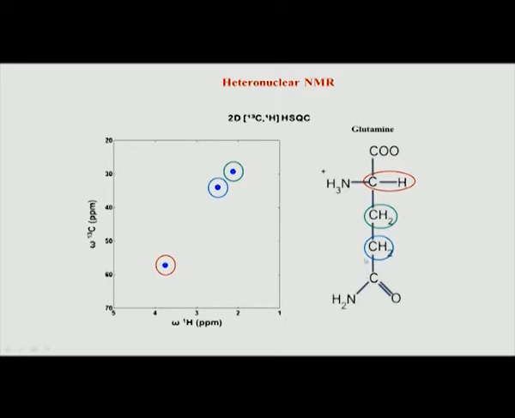Because of this, this pair comes downfield shifted compared to that. Downfield means it is shifted down both in carbon and in proton. So, this is why this CH pair comes downfield shifted and it is around 2.5.